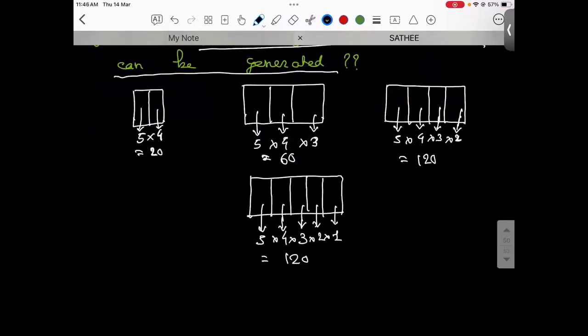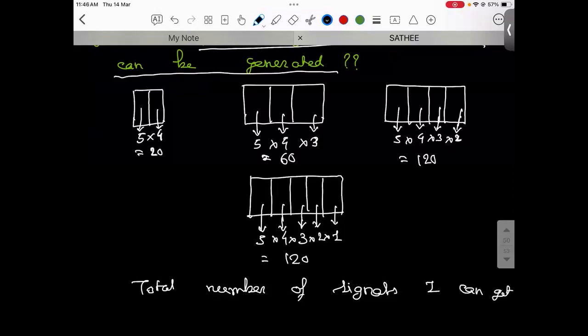So what is the total number of signals I can get? 20 plus 60 plus 120 plus 120, that is 240, plus 60, that is 320.